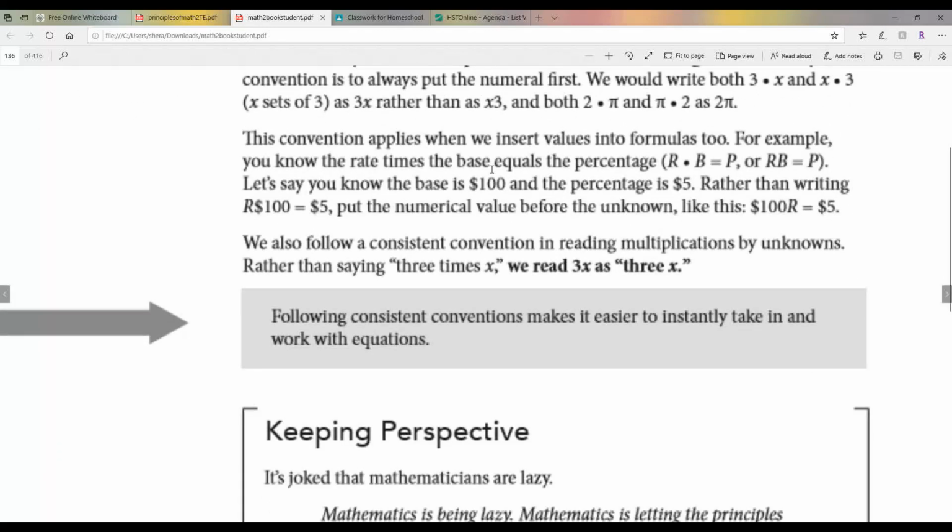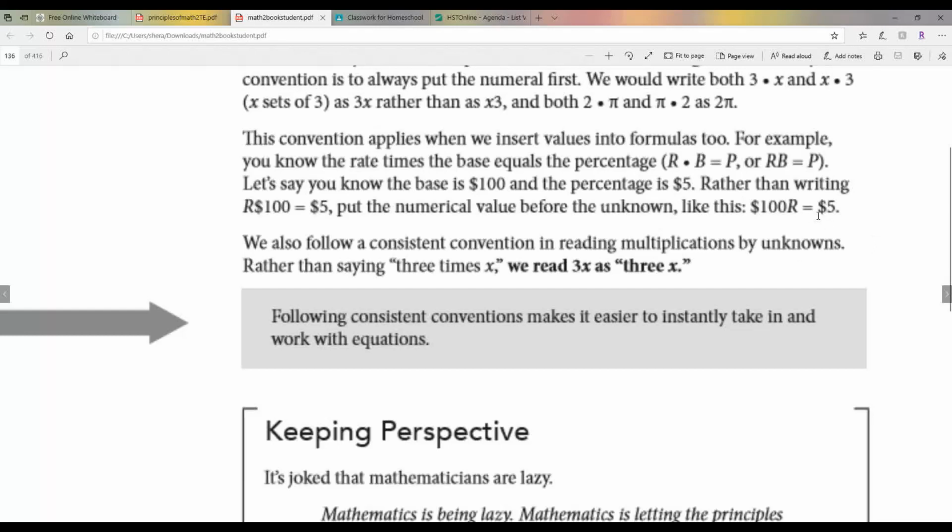This convention applies when we insert values into formulas too. For example, you know the rate times the base equals the percentage. Let's say you know the base is 100, the percentage is $5. Rather than writing R100 equals 5, put the numerical value before the unknown, like this: 100R equals $5.